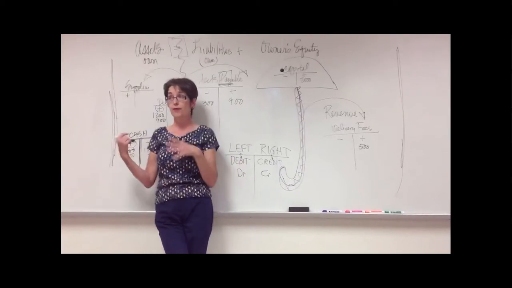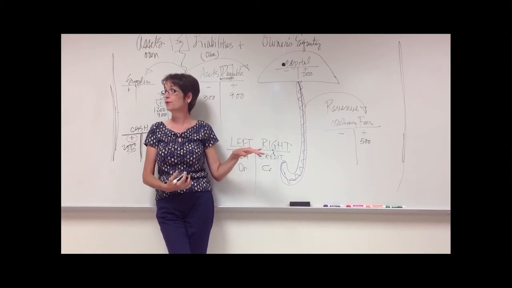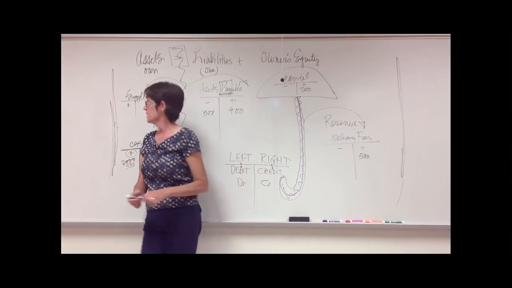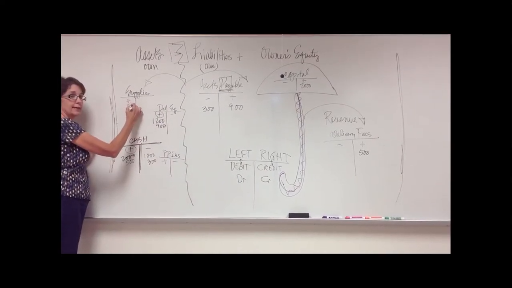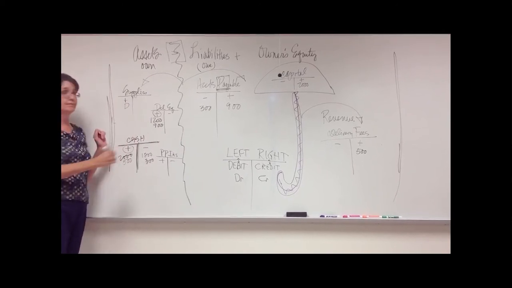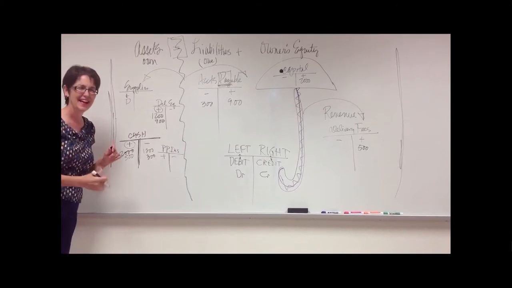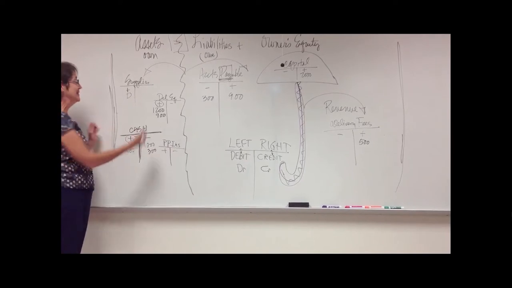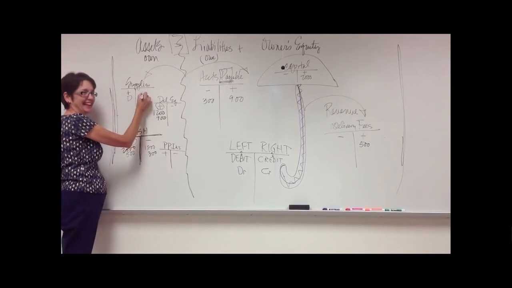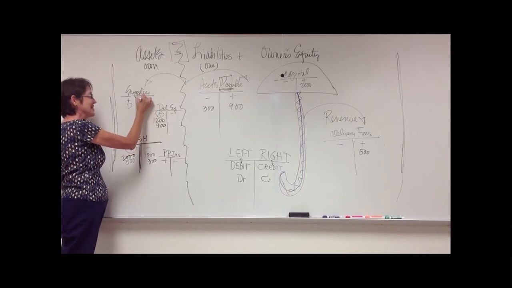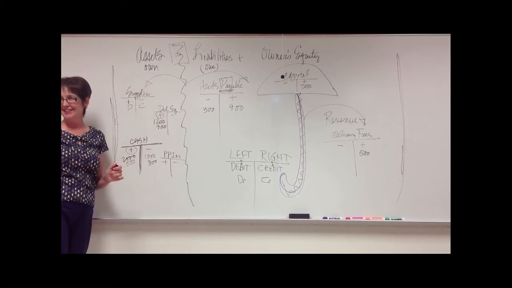And on the right side of all of these T's, I'm going to put the word Credit. So I'm going to start here with supplies, and I'm going to put D means left, right? Yes. D means left. That's correct. Credit means right.